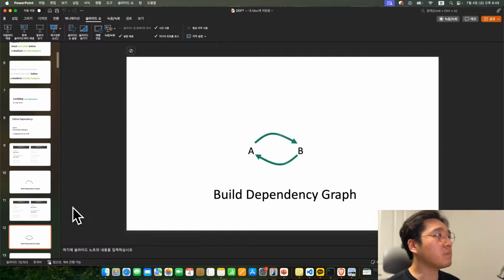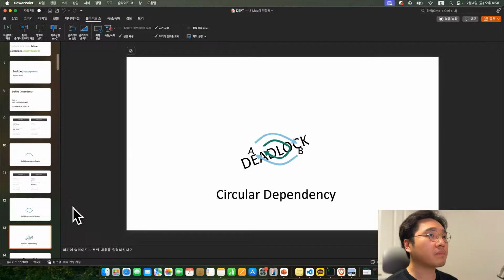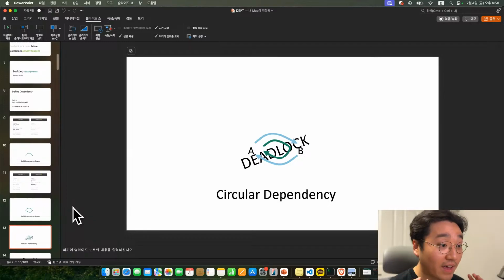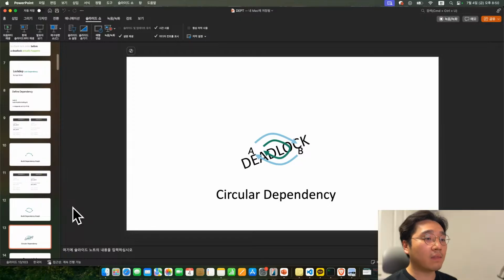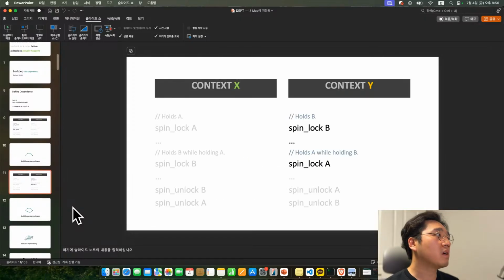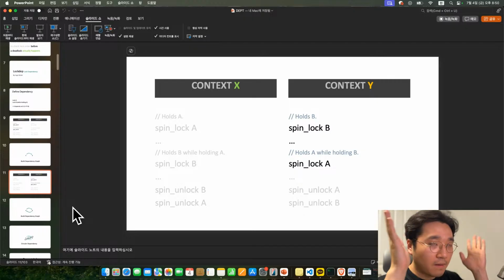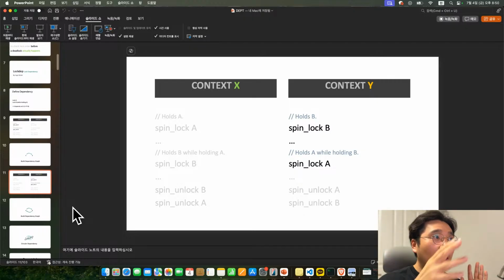So as you can see, from B to A, they build the dependency graph. So this is the deadlock, right? An ABBA deadlock, and this makes a circular dependency, and the code never goes past the ABBA deadlock point.